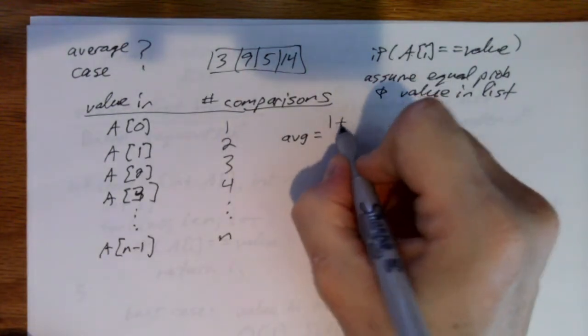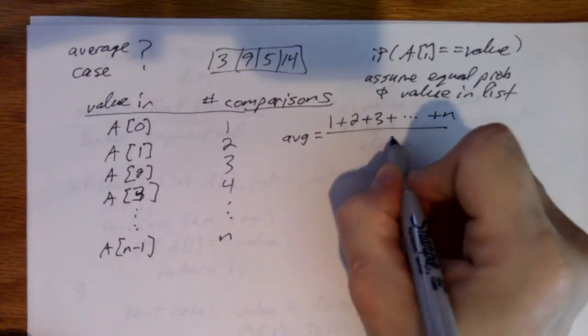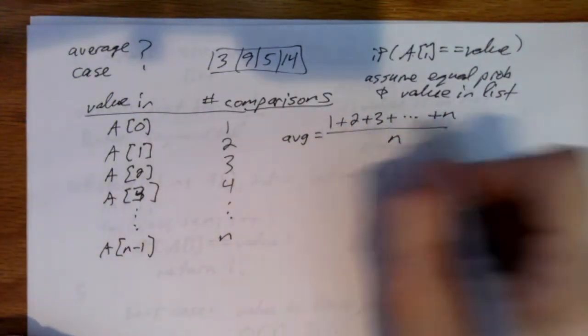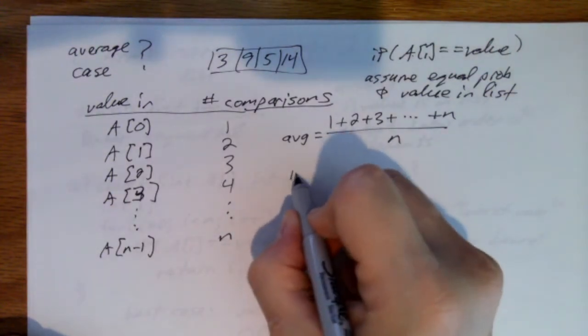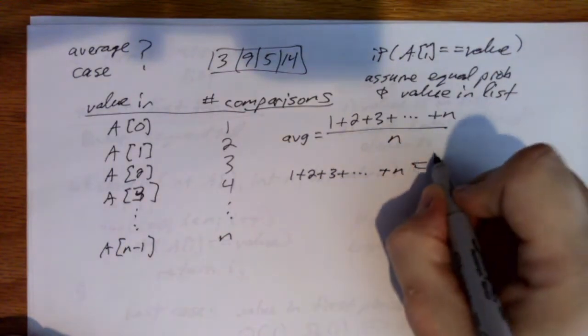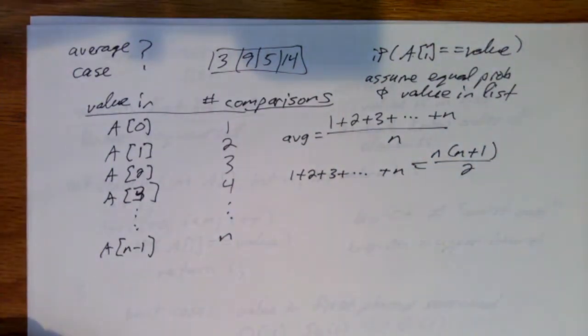So we have 1 plus 2 plus 3 plus ... plus n over n. And what is that? Well, the top part, there's a formula for this that says that 1 plus 2 plus 3 plus ... plus n is equal to n times n plus 1 over 2. That's the formula.